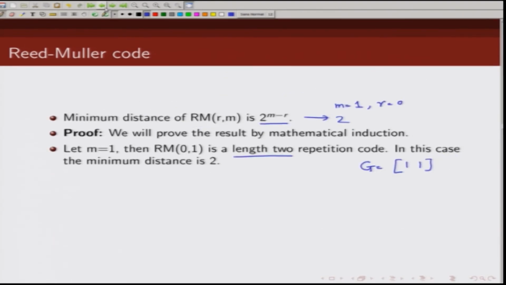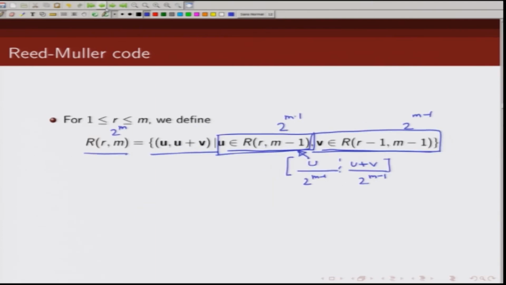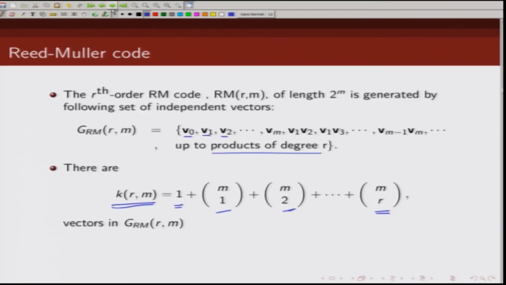What was our generator matrix? Our generator matrix consists of these tuples V0, V1, V2 up to products of degree r. So, if we are considering 0th order Reed-Muller code, this will only have V0 in the G matrix.